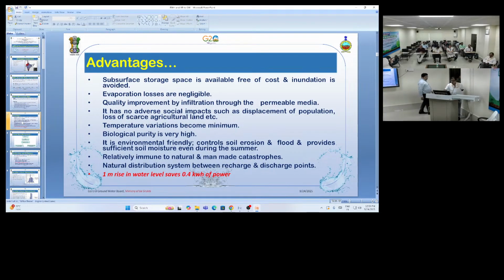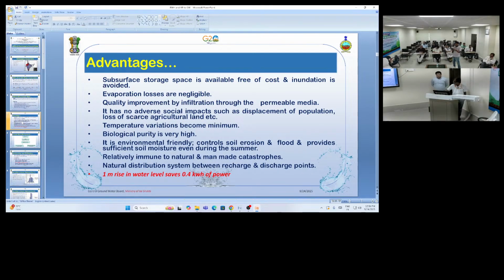Then subsurface storage space is available free of cost and inundation is avoided. Evaporation losses are negligible if you go for subsurface. It has no adverse social impact such as displacement of population. Temperature variation becomes minimum, biological purity is very high, it is environment friendly, relatively immune to natural and man-made catastrophes, and there is a natural distribution system between recharge and discharge points.